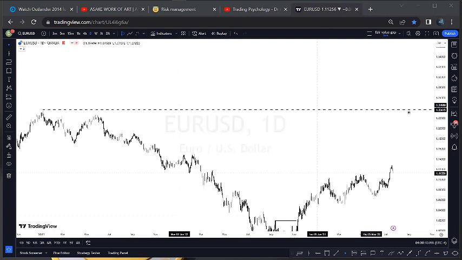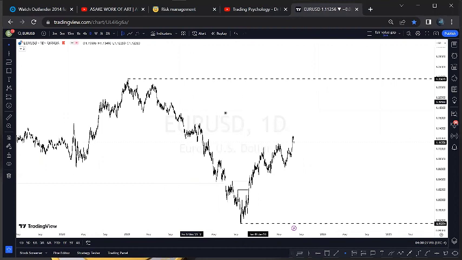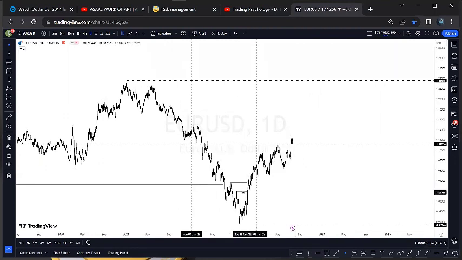Once you have understood the premise or the narrative behind this, you ask: where is my external liquidity? Where is my internal liquidity? Once you have marked it out, the next thing you are looking out for is, where is the daily candle moving to? Where is it expanding to?